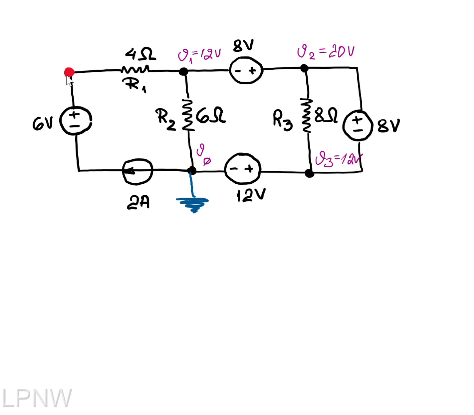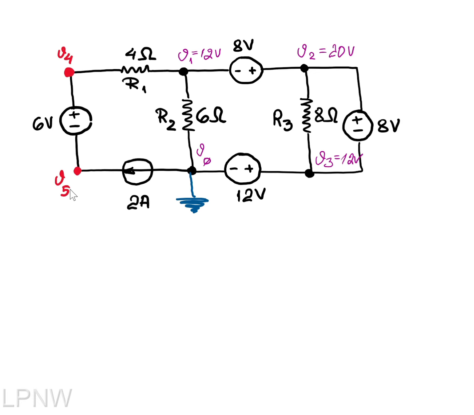Because I used V0, V1, V2, V3, I'm going to call that node V4. And because I have 6 volts given as a DC source, I could notate here V5. Positive minus negative gives V4 minus V5 equals 6 volts.